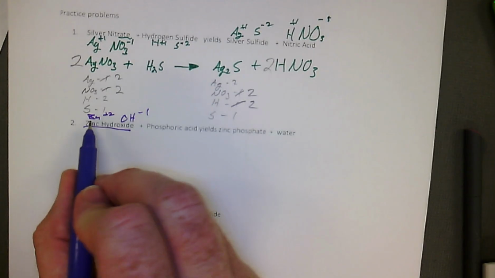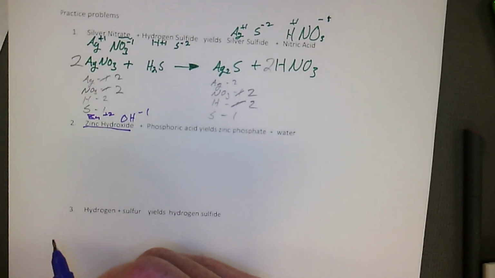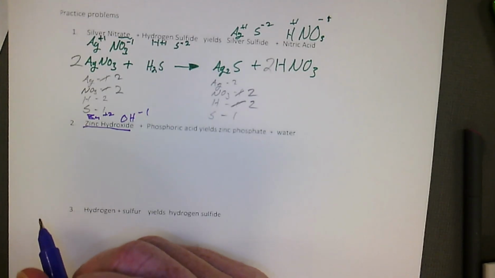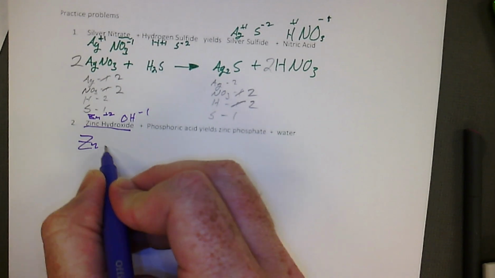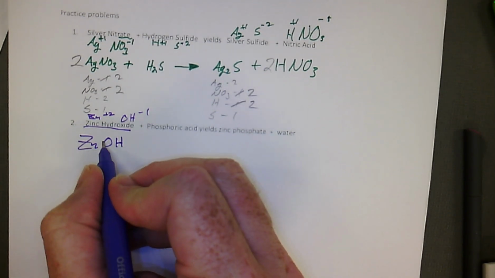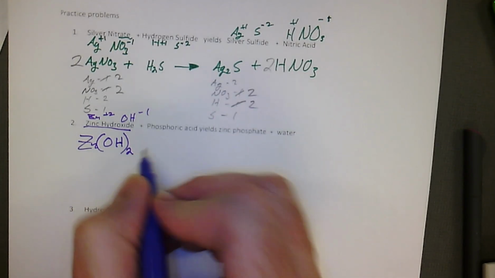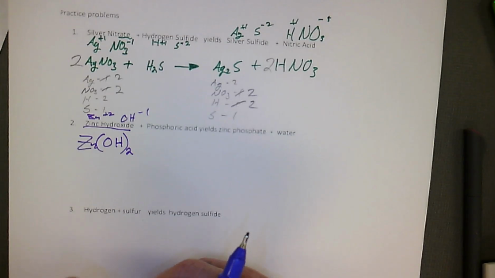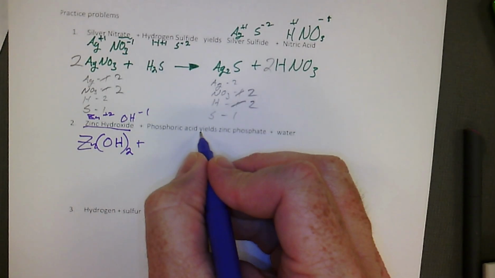Yep, my bad. So Zn is +2. Hydroxide is -1. Which do I need more of? Hydroxide. So Zn. And then hydroxide's a polyatomic ion. If I need more than one, I have to put it in parentheses. And then the 2 goes on the outside. Remember, remember, remember? Okay.